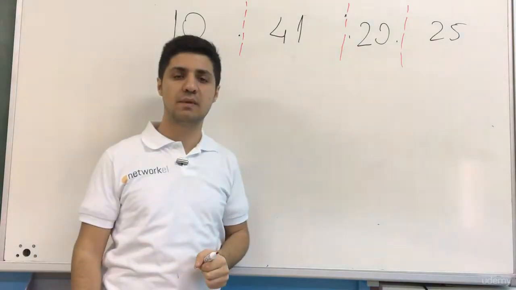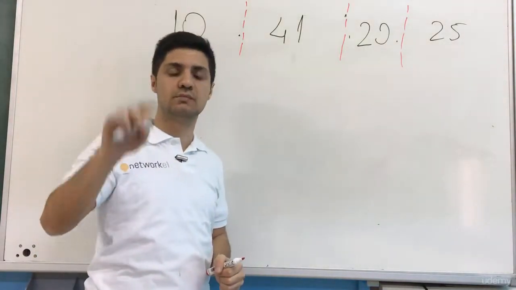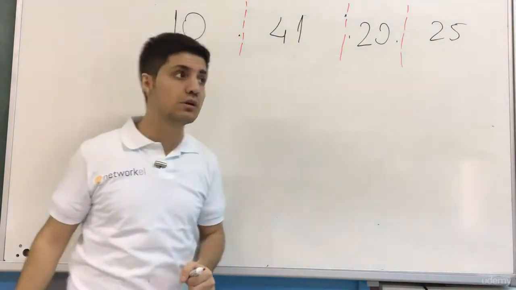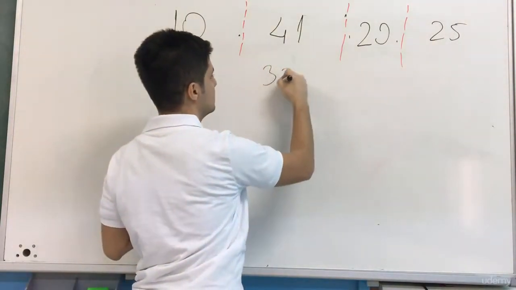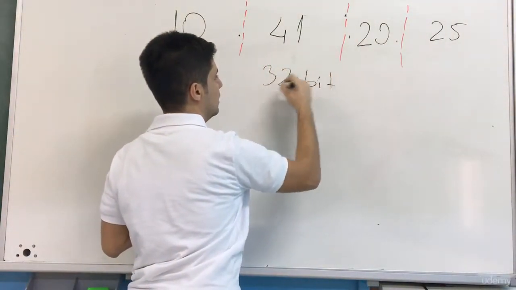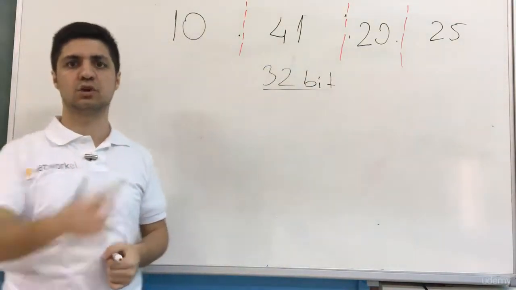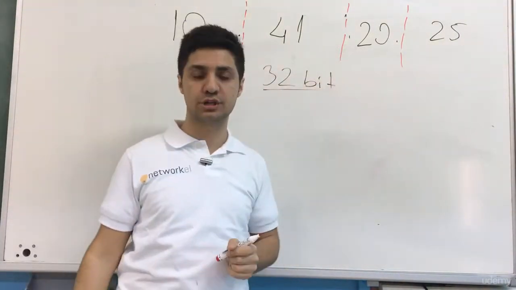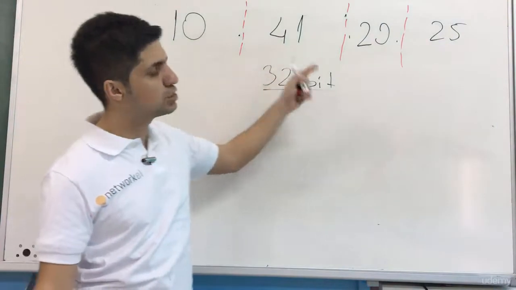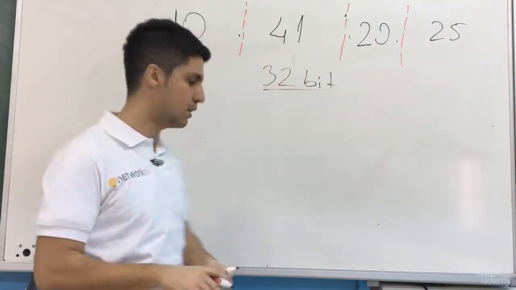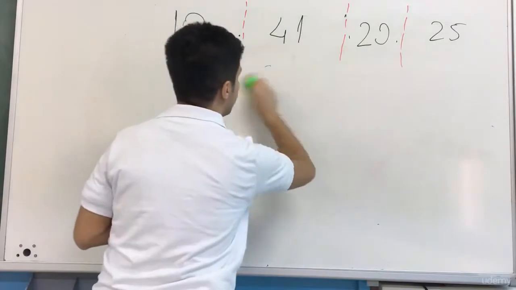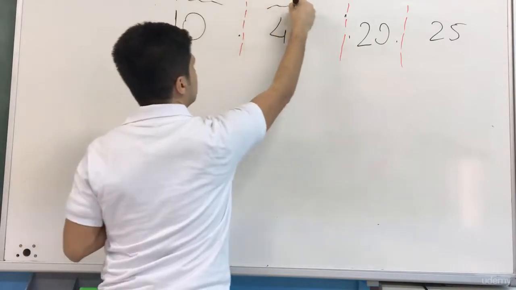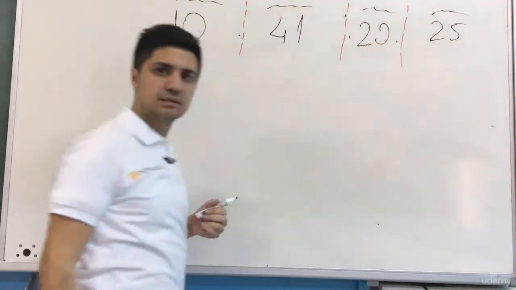Binary format means we can use just 2 numbers, 1 and 0. As you know, an IP address is 32 bits. We have talked about this in our slides. And as you can see, we have 4 portions, which means each portion is going to be 8 bits. Alright? 8 bits means 8 zeros or ones. Each field is going to be 8 bits.